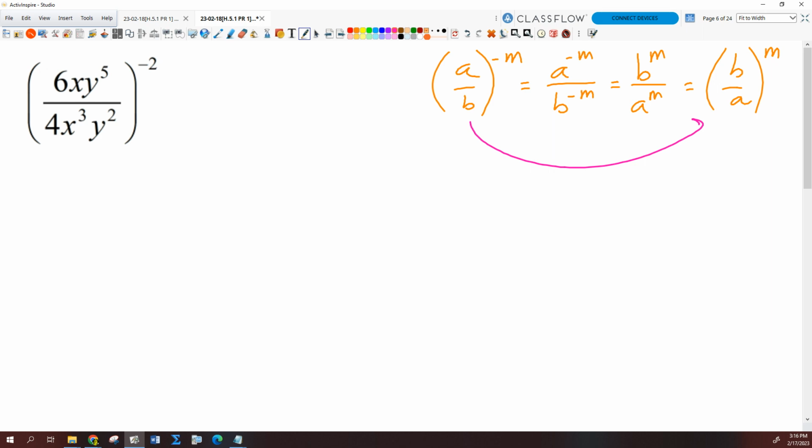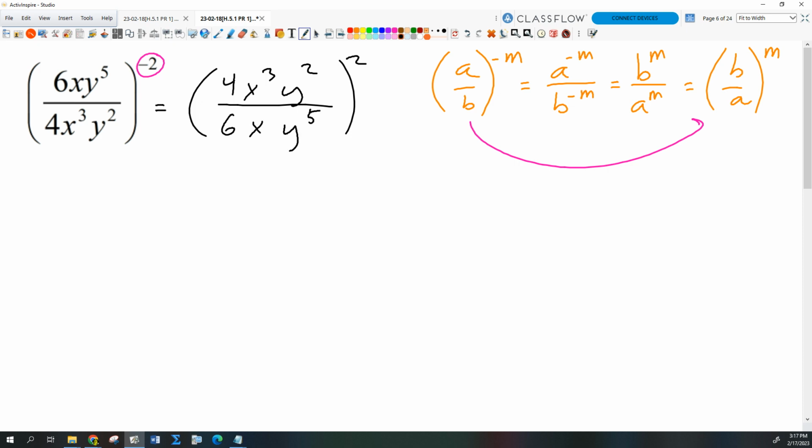So we could take this guy here and rewrite it as the reciprocal, 4x cubed y squared divided by 6x y to the 5th, to the positive 2. Okay, good. That helps, right? The negative exponent made things a little bit trickier, but now it's just a regular old positive exponent.